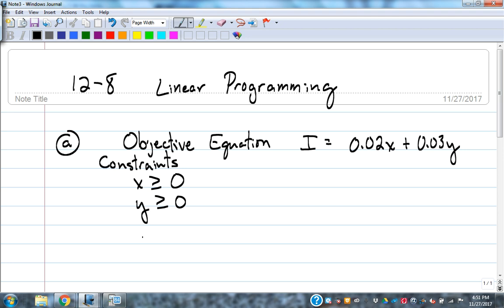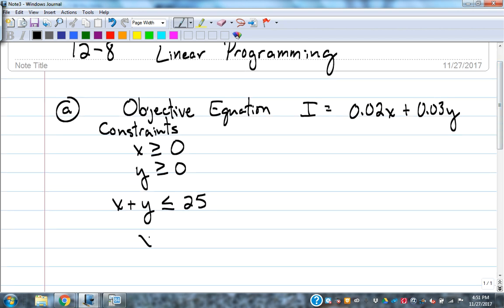Not always, but most of the time they are, because we're dealing with the real world, and there aren't a whole lot of negative numbers when you start looking at inequalities in the real world. Just doesn't happen. And then what will happen here is these constraints would be graphed on a coordinate plane.